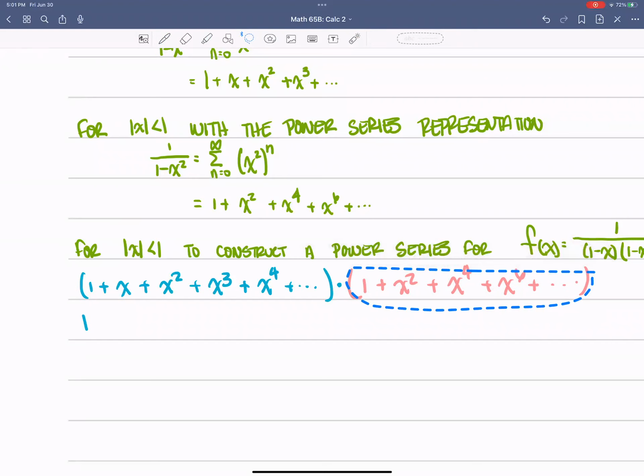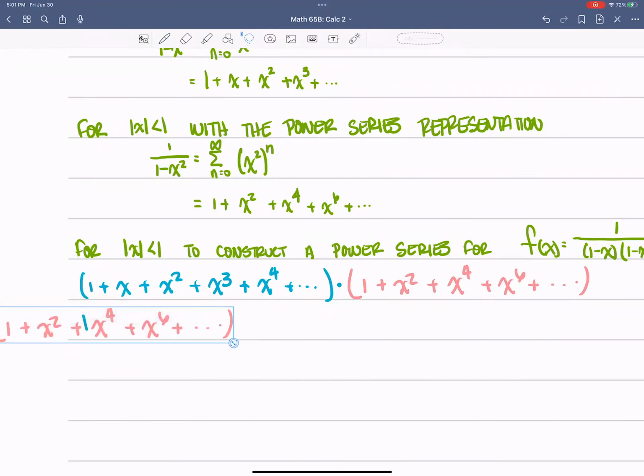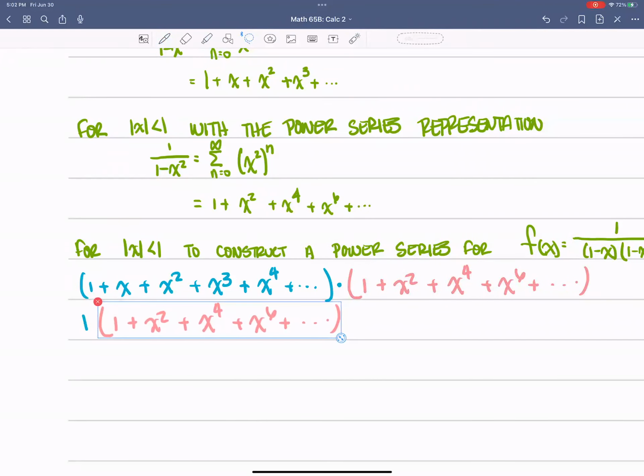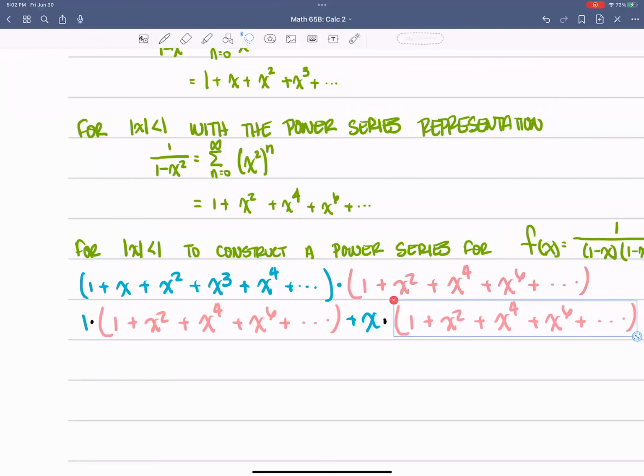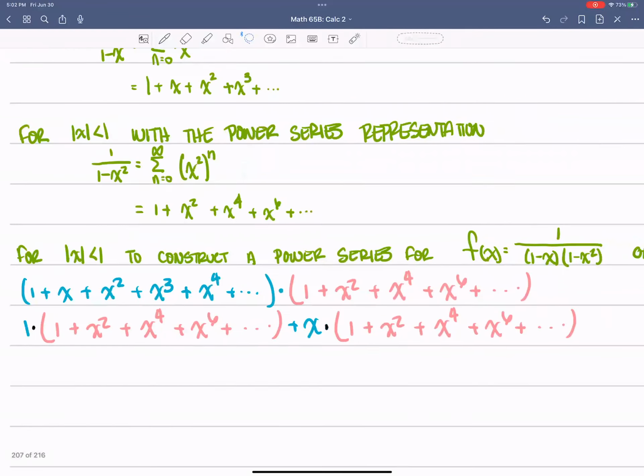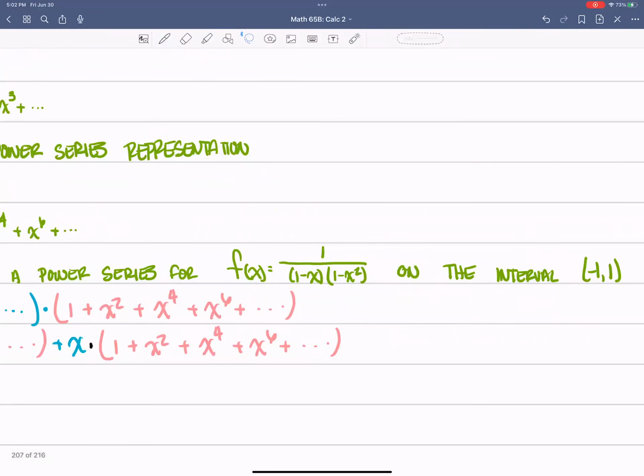So copy and paste. So we're multiplying those together. Plus now we have x times that same thing, and that was 1, x squared. So now we're going to do plus x squared times all of that.